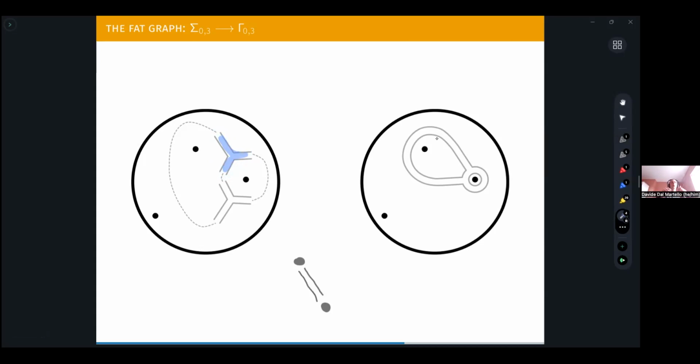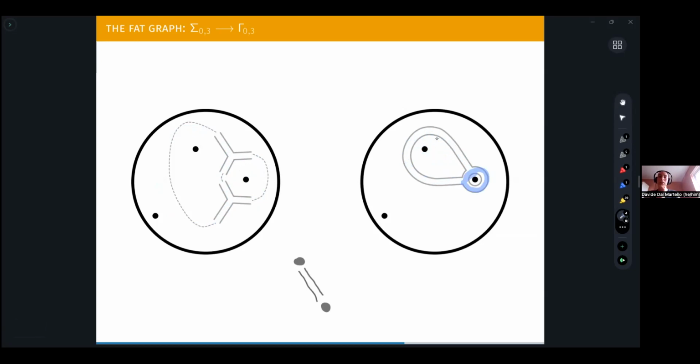And you have to glue them together in such a way that the fat graph is really living over your Riemann surface, and the faces that you get, so basically kind of the areas enclosed by the graph, must host one and one only of your punctures. For the sphere with 3 holes, this is exactly the case, just by picking 2 of them and gluing them as is. So the resulting fat graph is this one.